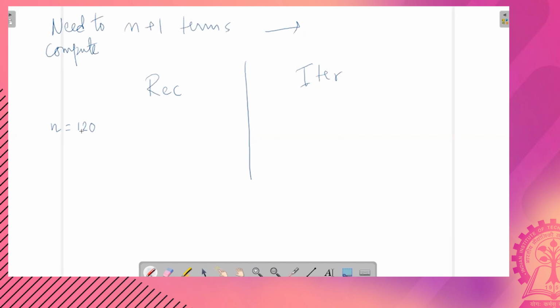For the iterative version you would need somewhere around 100 nanoseconds, whereas the recursive version would take you roughly close to 36 years. So you see, with this example, I guess the concept of efficiency of an algorithm has become clearer to you. In case you have doubts, let me know and we can discuss them over the interaction sessions.